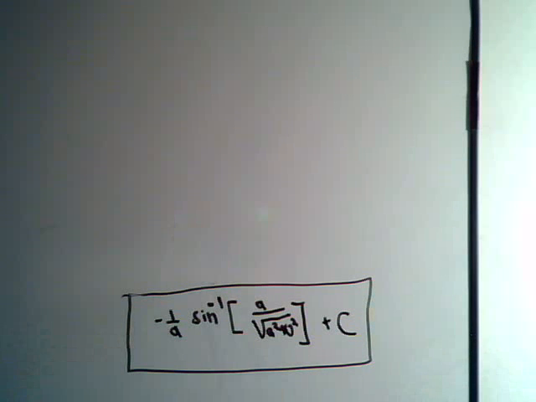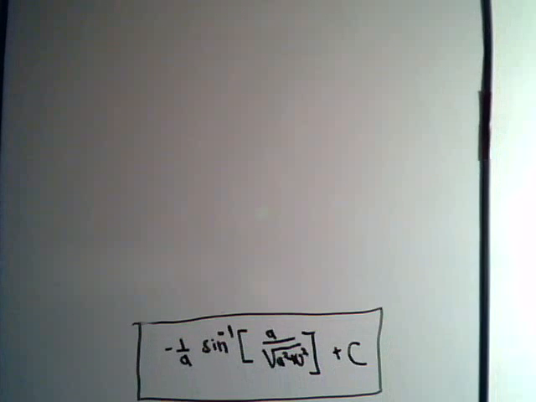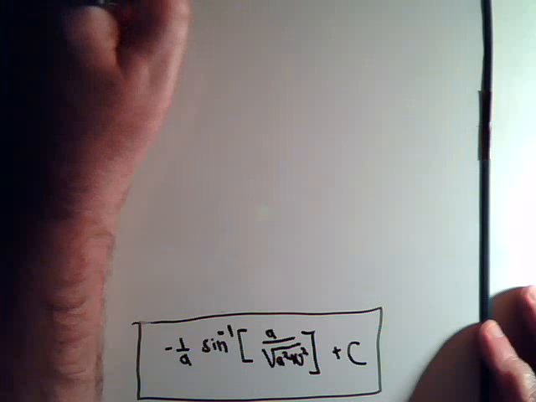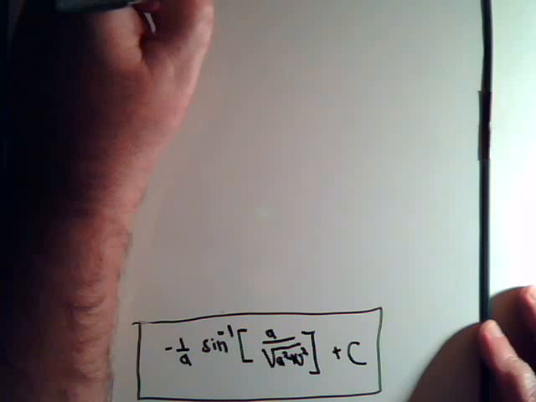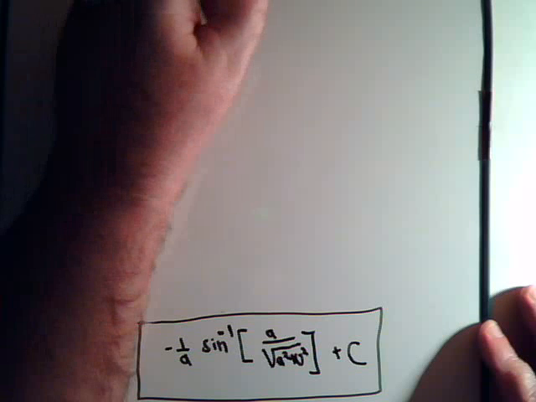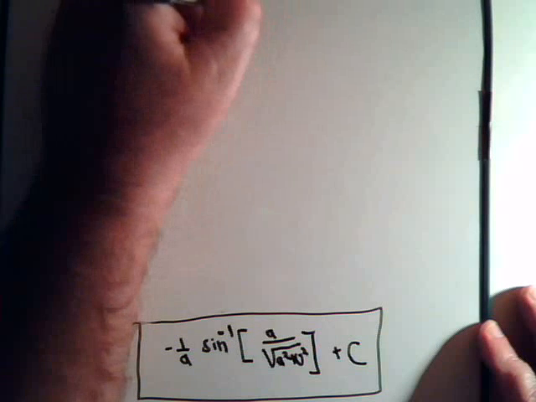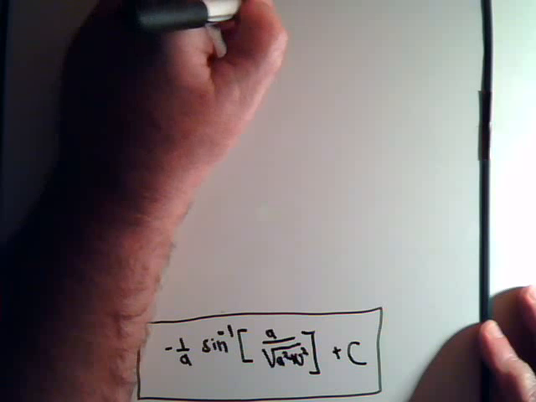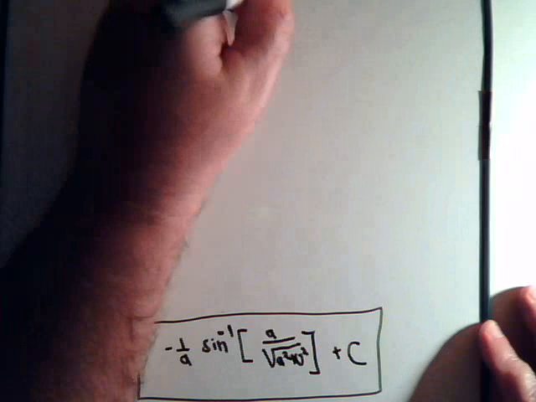Let's take this and write it upstairs. So we are going to have minus 1 over a inverse sine of a divided by the square root of a squared plus u squared.